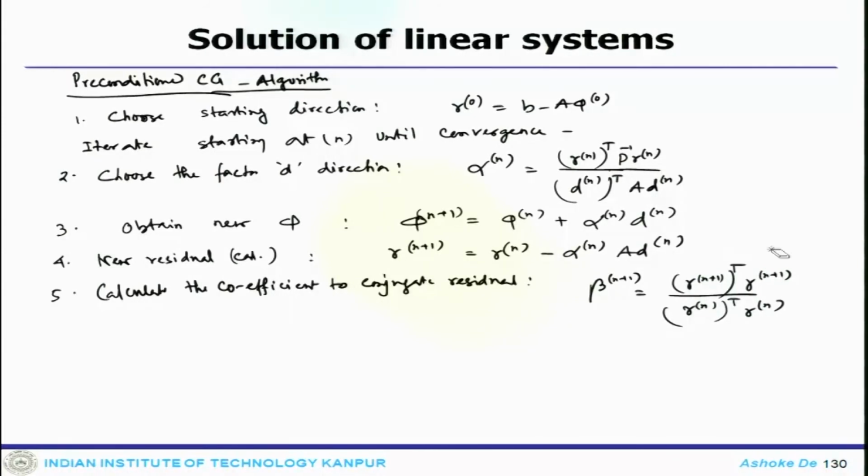You get P inverse here, so that is where your preconditioning system comes in.